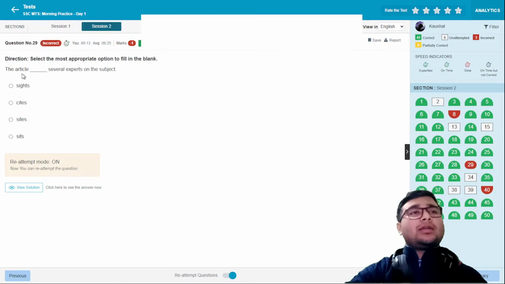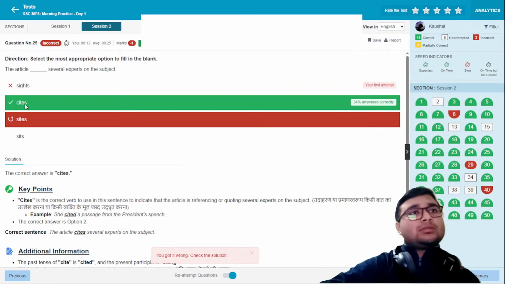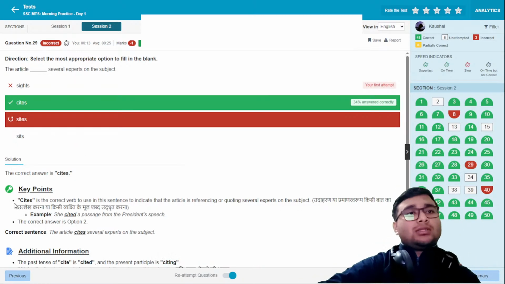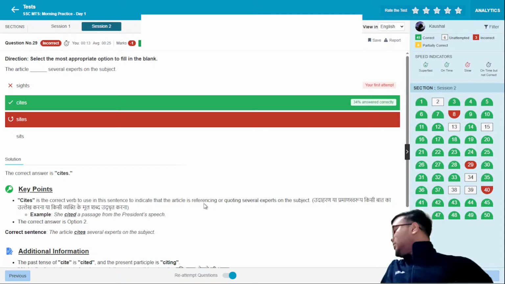The article serves experts on the subject. Sites. Cities, I had read it. It's not I, it's CITI. Sentence to indicate that the article is referred or quoted by several subjects.